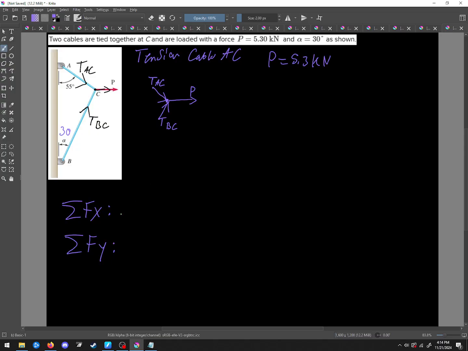So this is going to be TAC sine of 55, plus TBC sine of 30, and that's going to be plus P, which is 5.3 kilonewtons.